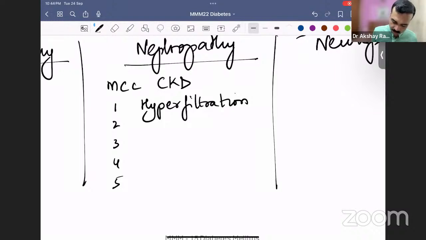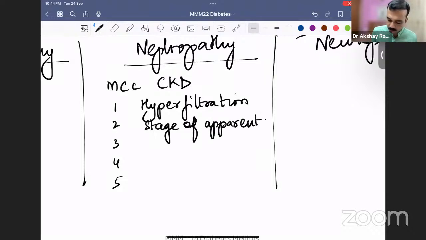That is hyperfiltration. Then it is followed by a stage of apparent normalcy. Normalcy of what? GFR. In stage 1, the glomerular filtration rate is high; here it is becoming apparently normal. It's not really normal. Let's say initially the GFR had gone up to 150, when normally it's up to 125.